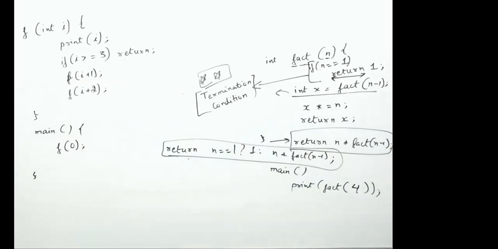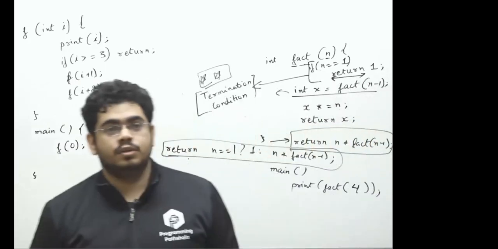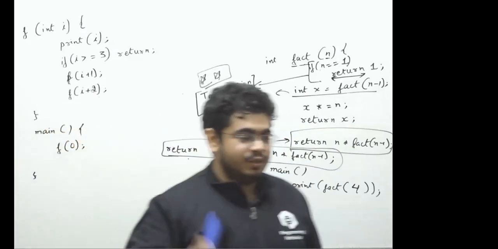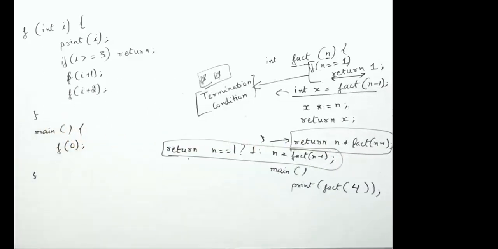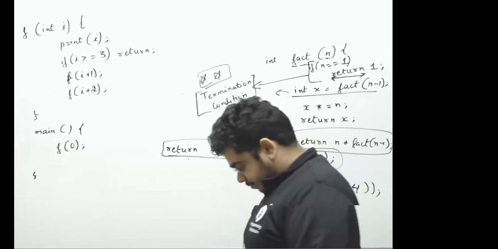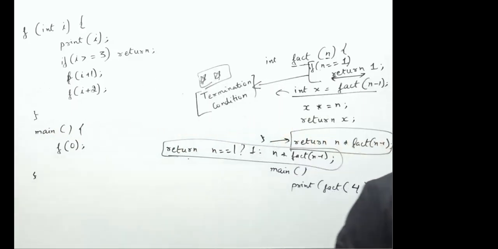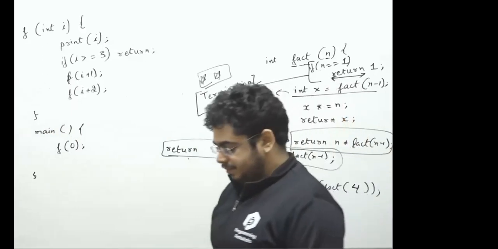0, 1, 2, 3, 4, 3, 2, 3, 4. Maybe right. I'll also have to calculate. Others? Okay, everyone is, I think, getting the same. Two people are getting the same actually.